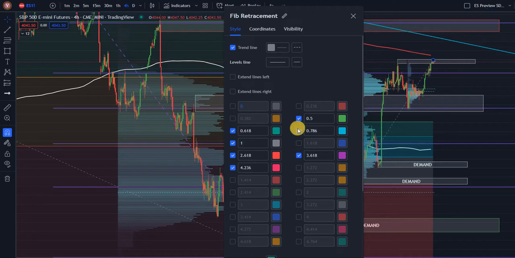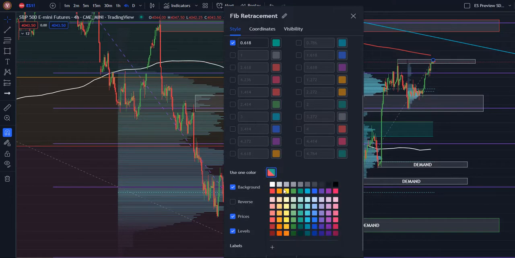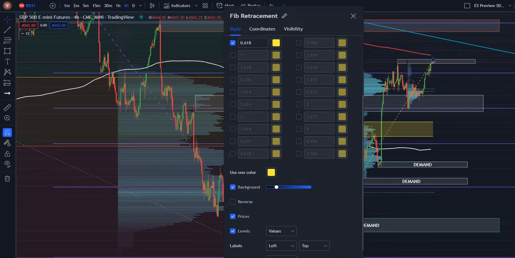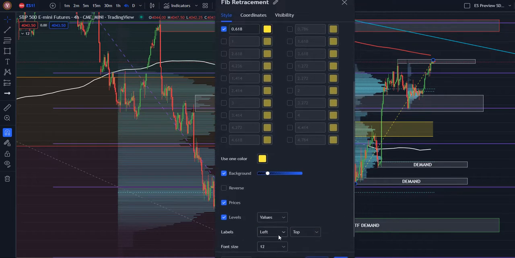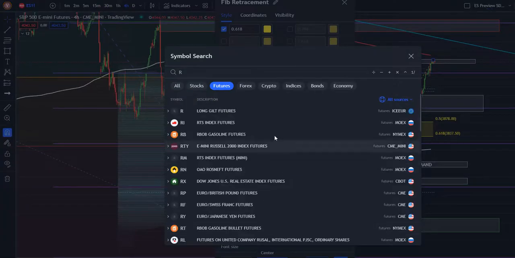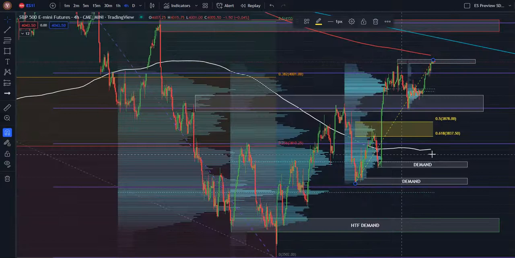Only thing I'm interested in is the halfback. And I will use yellow. And I will put the price levels on the right. Not letting me. Don't do that. Okay, so we got them on the right here.